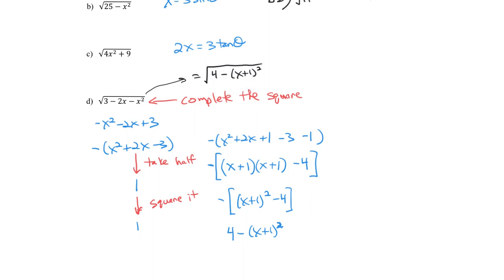So if we just stick to what the box says up there, this is going to be x plus 1 equals 4 sine theta. So even when they don't quite look like that, by completing the square, we can put it in that format, right? This is the a, and this is the x, although it's x plus 1 this time.